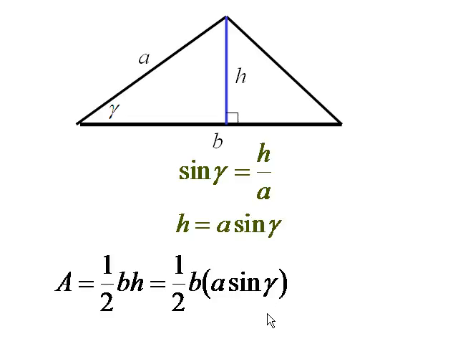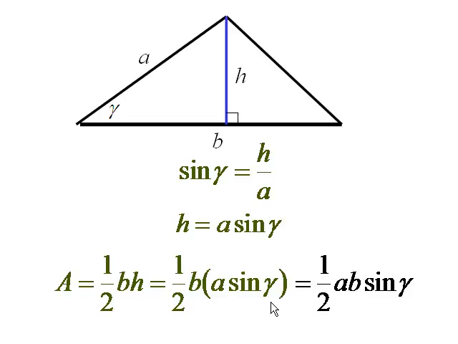You could do this trick for any combination of two sides and the angle between them. So you've got a family of formulas for the area of a triangle based on this little bit of geometry applied to the information on the sides of the triangle.